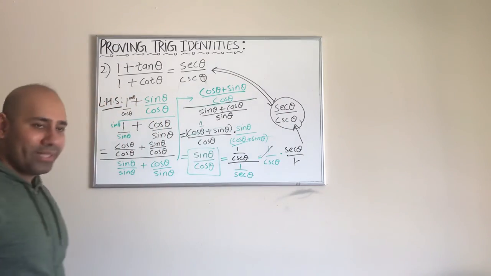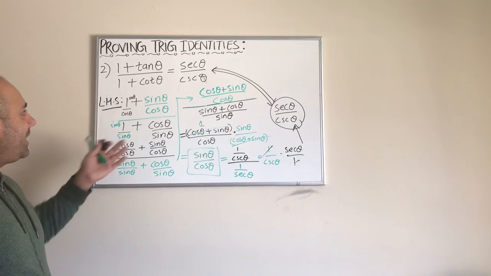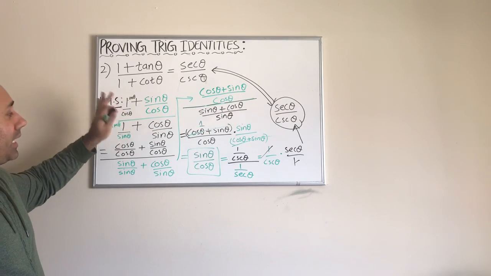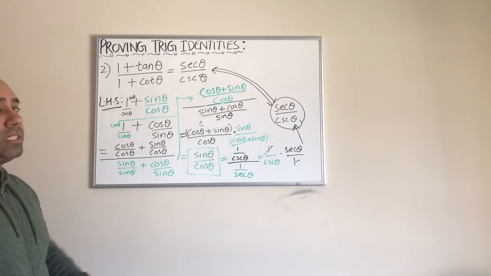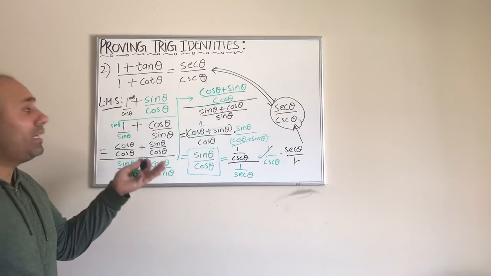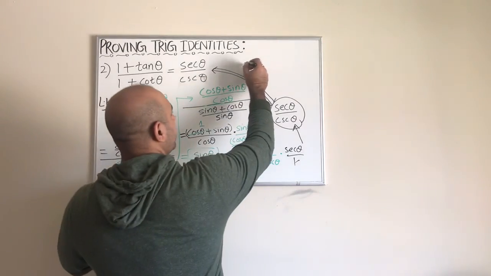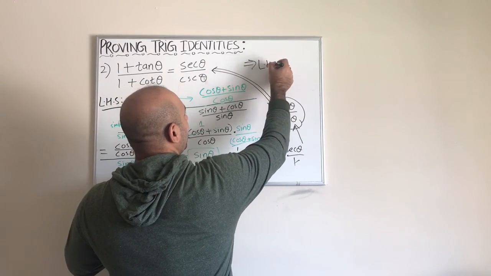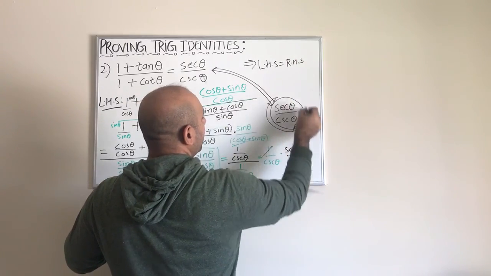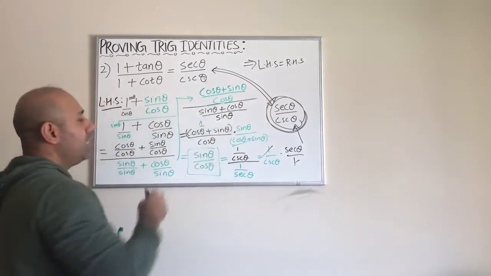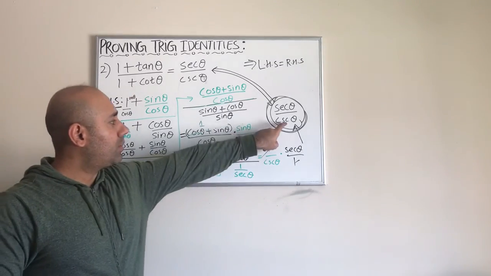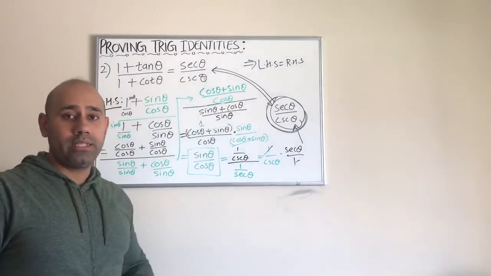So we were able to prove the identity that this equals that, by starting with the left hand side and then simplifying and using some trig identities, and finally getting it to look exactly like the right hand side. And that implies the left hand side equals the right hand side, because we actually did all the work to show that this transforms to this ratio, which is exactly what the right hand side is.